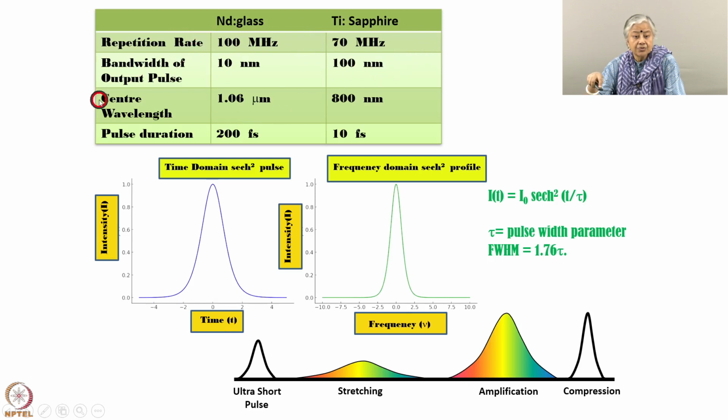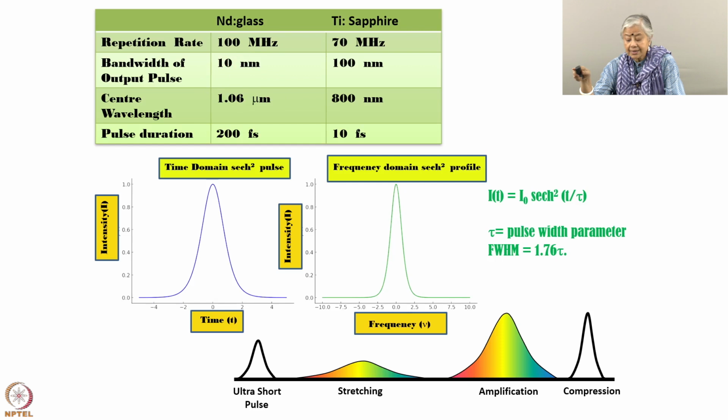Then the bandwidth of the output pulse: in the case of ND glass it is 10 nanometer, which is expected because ND glass, if you remember the last slide, has somewhere around 22 nanometer full width half maximum of the spectrum for that medium. Here, what I am speaking of is the spectrum of the laser output.